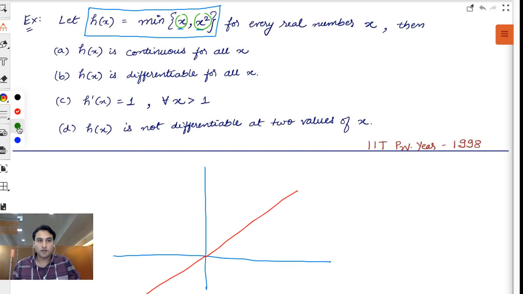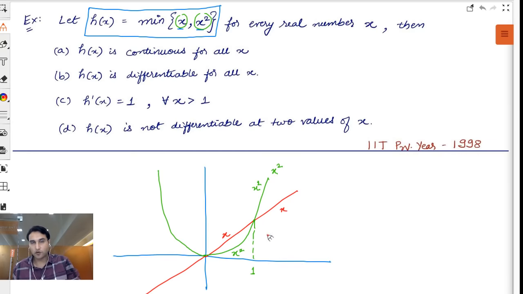Then let's plot the graph of y equal to x square. This is the graph of x square. Okay? So beyond x equal to 1, we see that x square is greater, but between 0 to 1 we see that x is greater, right? This is what we just learned.